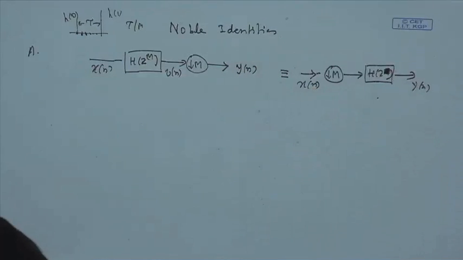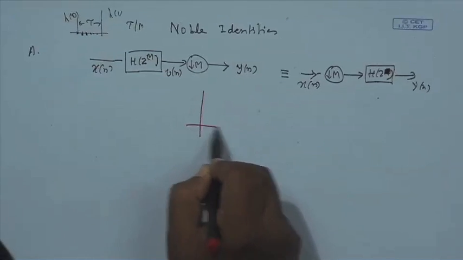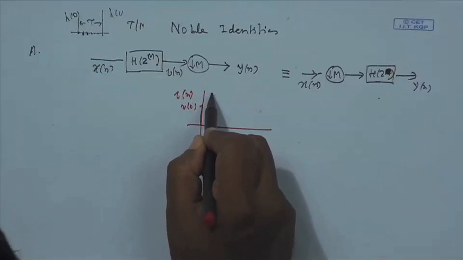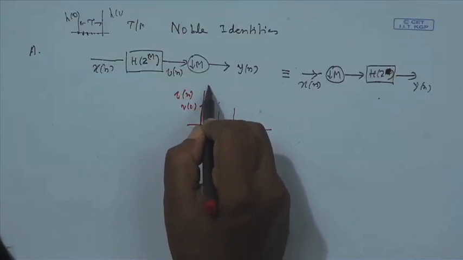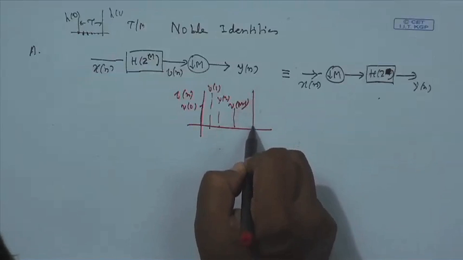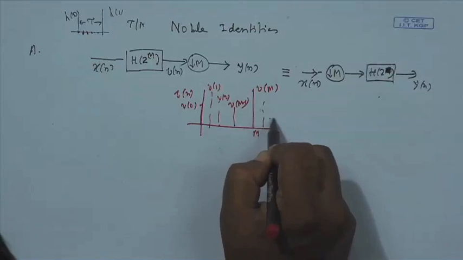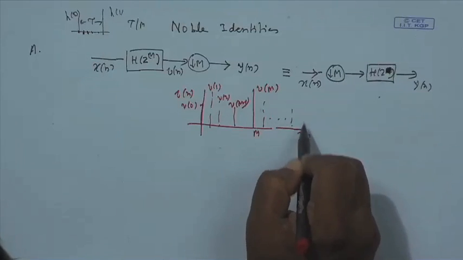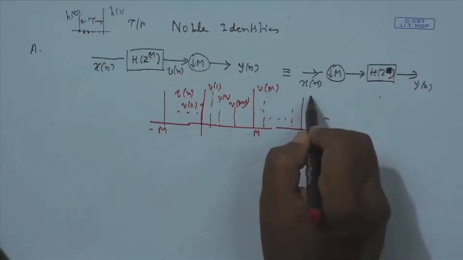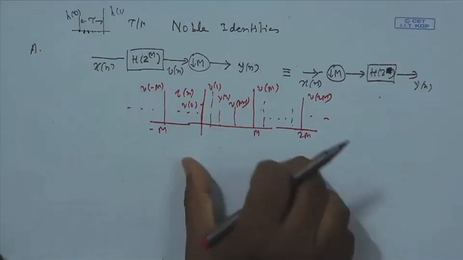Now, I have to prove it. Now, you see y n is the decimated version of v n. That means, if there is a sequence v n, say v 0, then you have got v 1, v 2 dot dot dot v M minus 1, and after that you have got v M, then again intermediate samples, there are 2M, at 2M you have v 2M, then at minus M you have got v minus M. This is the v n sequence.